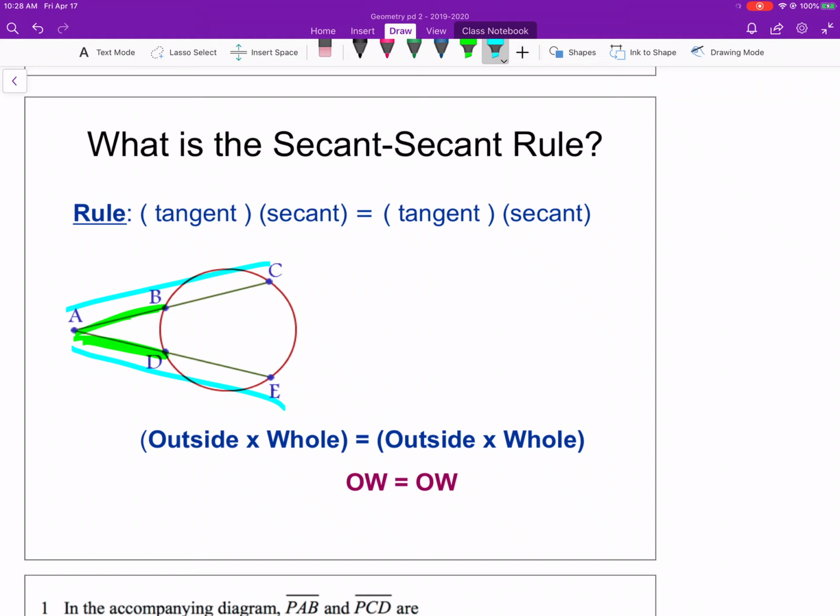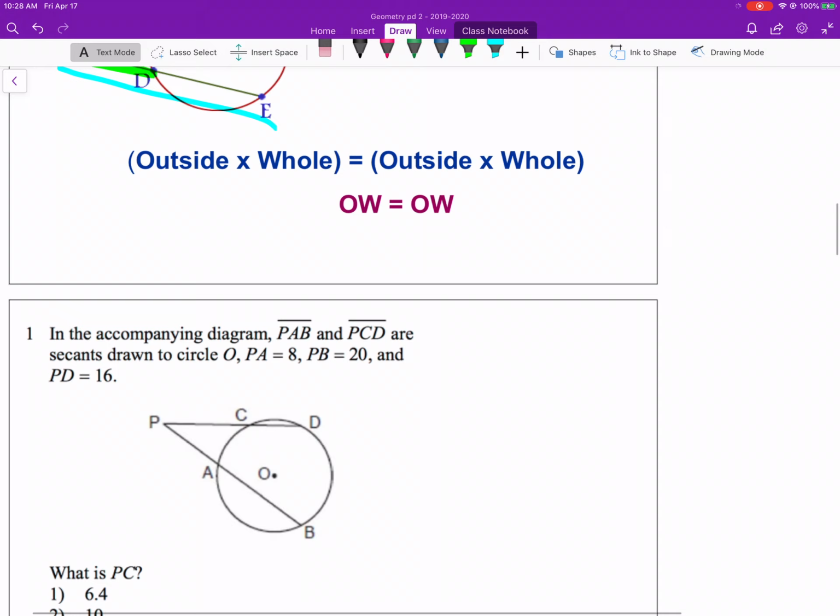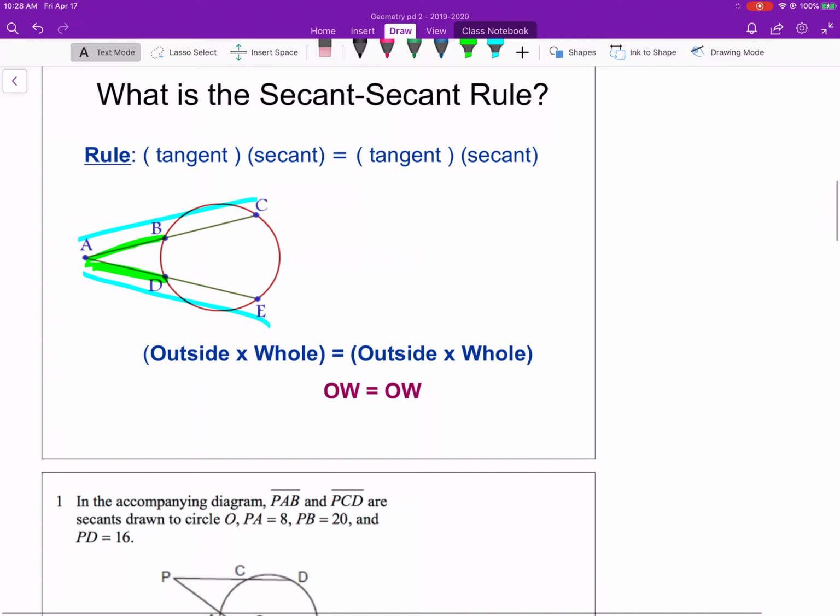Now, you're not going to hear me saying tangent, secant, all that. There's two pretty easy equations that we can remember a little more easily. We call it OW. So the outside times the whole is equal to the outside times the whole. The outside is the tangent, and the whole thing is the secant. So OW is equal to OW.